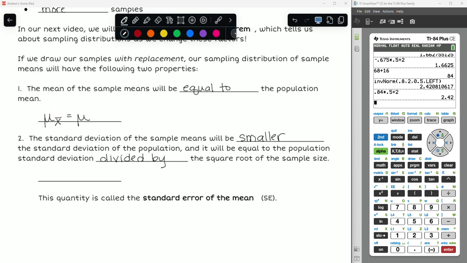So what we would say is that the standard deviation of our sample means is equal to the standard deviation of the population divided by the square root of the sample size.